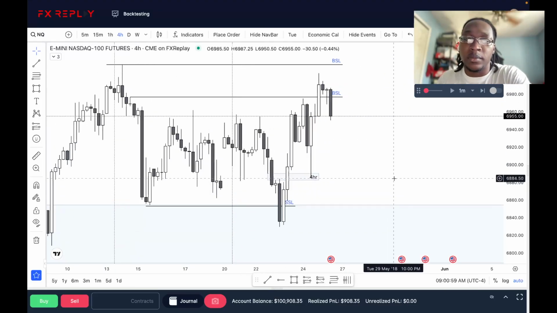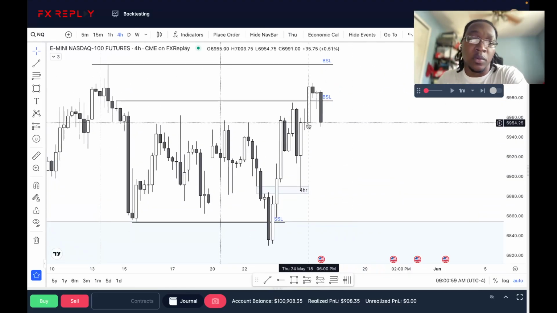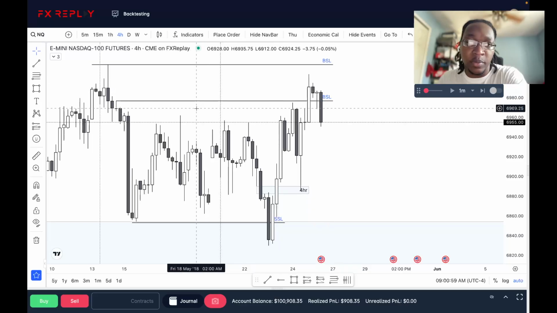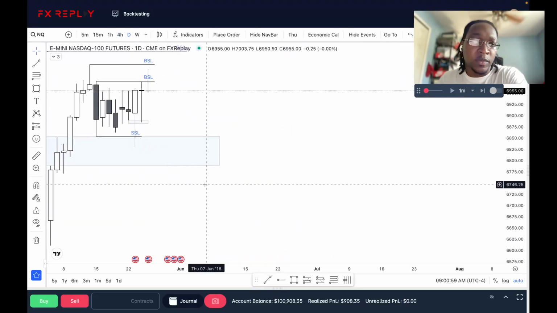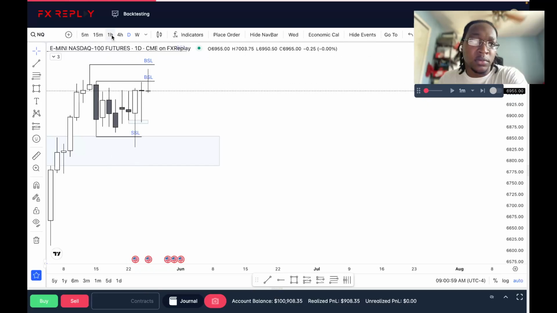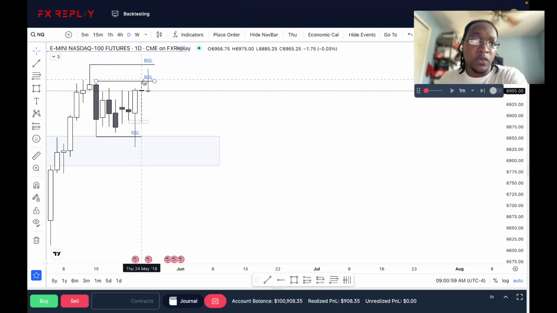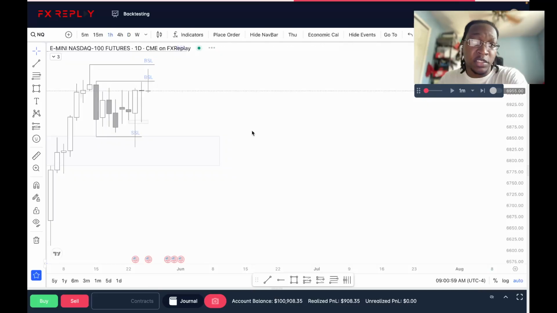So Friday or Thursday pushed up into the buy side liquidity, which made sense. So now that we run out the buy side, we may retrace down into this 50% of the fair value of the wick after running out this buy side, and looks like it's showing a little bit of speed and displacement to sell side.